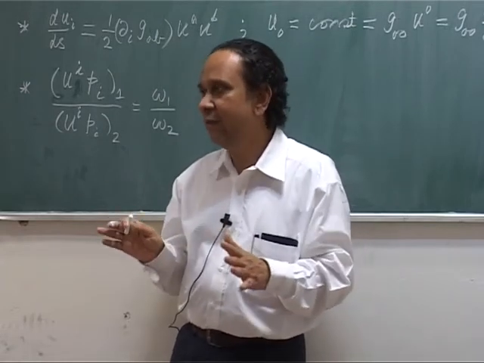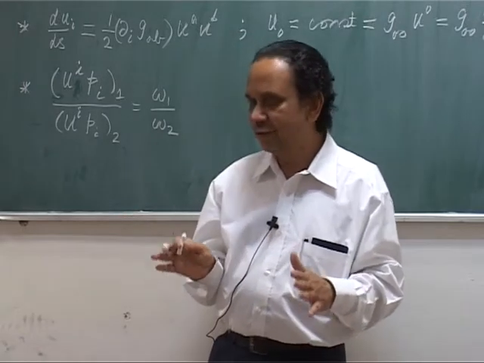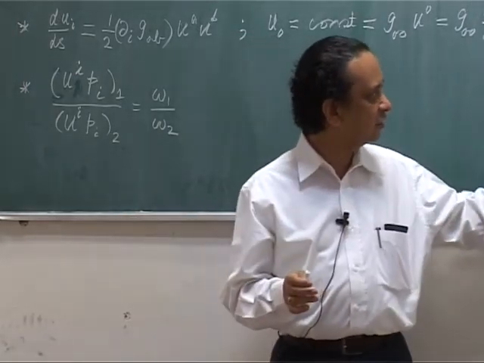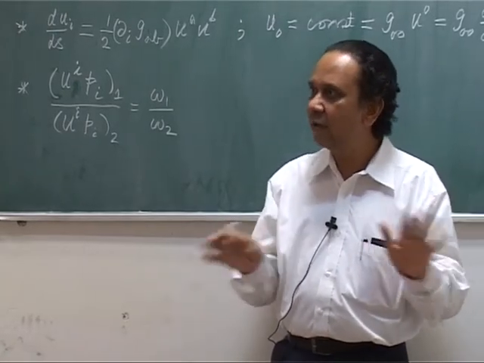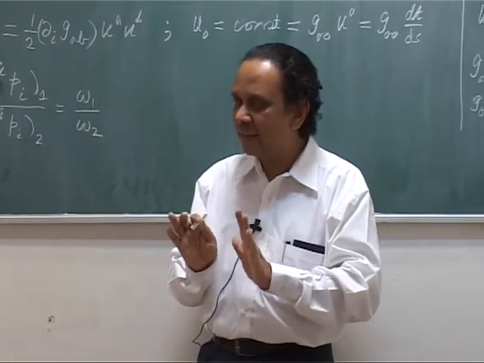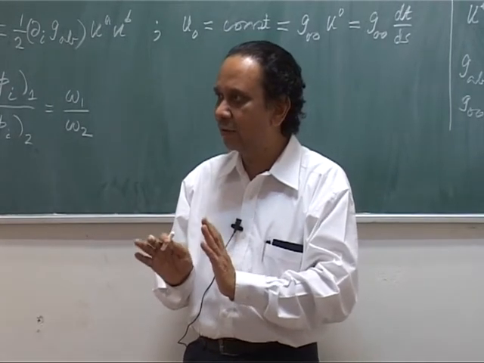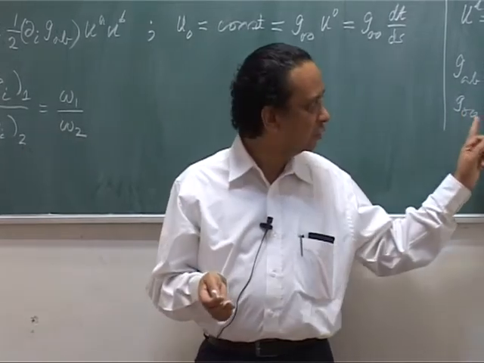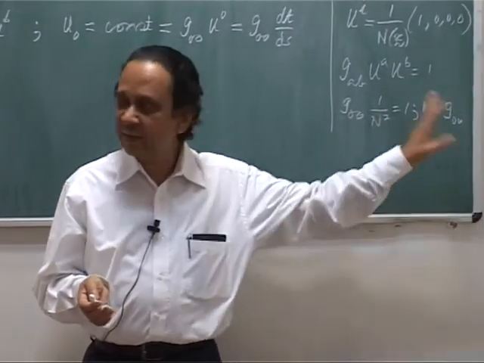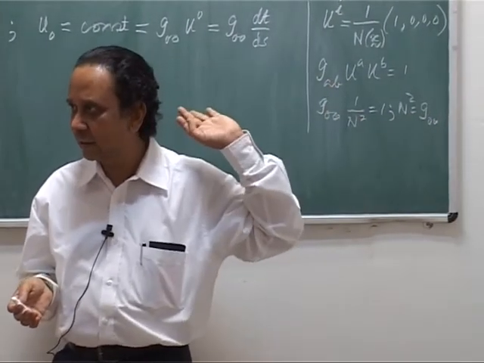So one would like to have something which is independent of signature. So everybody defines either G00 as n square or minus G00 as n square depending on their convention, but when somebody says what is n, it is a positive definite quantity and we know what we are talking about. So that is another advantage. So this quantity G00 is n square, it is just a fancy way of writing G00.